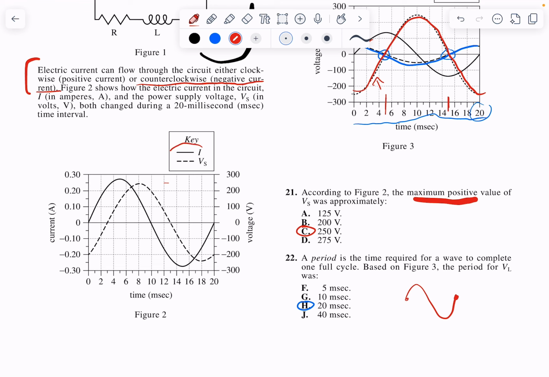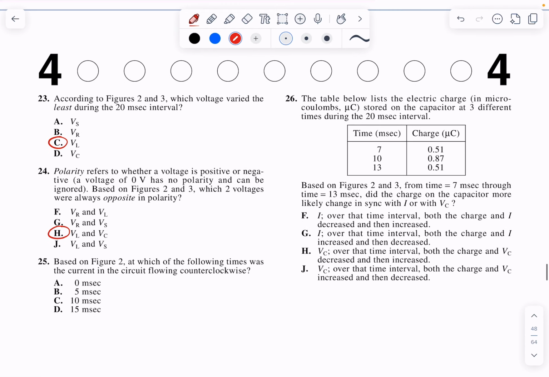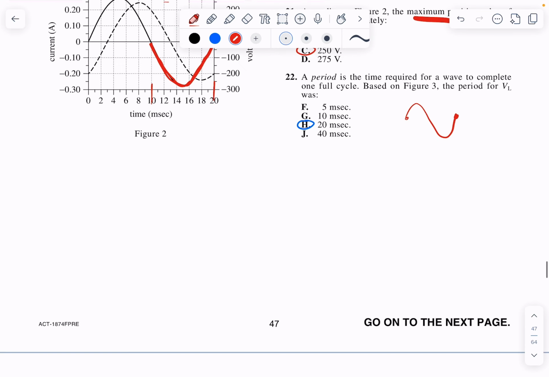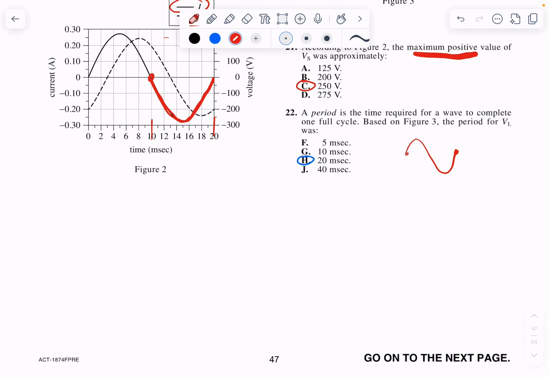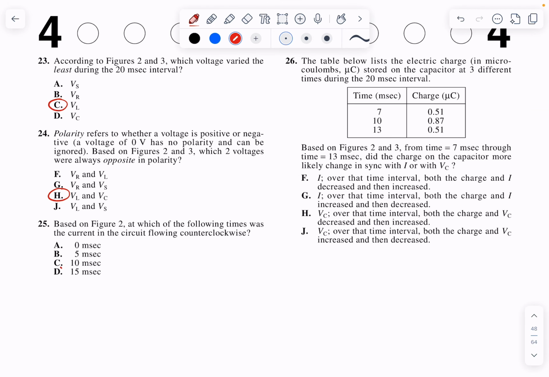So the current is this solid I line, so we can see we've got our negative current, meaning it's counterclockwise between time 10 and time 20 milliseconds. So we can come down here. Now 10, remember, is at 0, so that one won't count as a negative or counterclockwise one. So our answer is just going to be D.